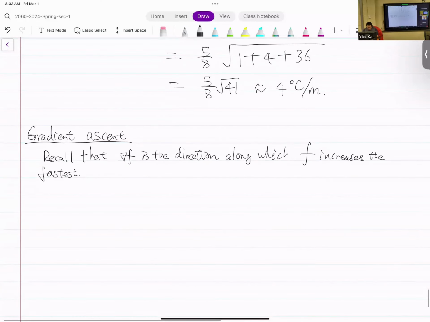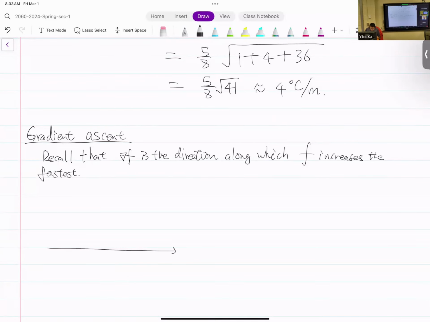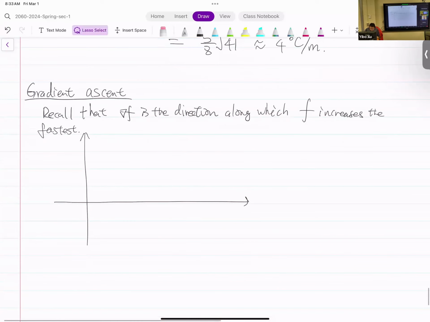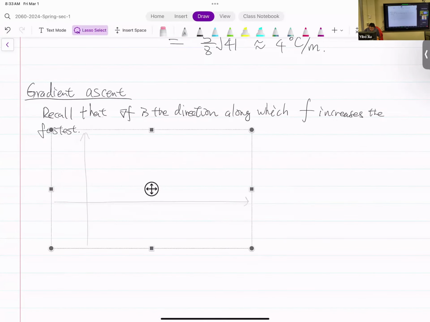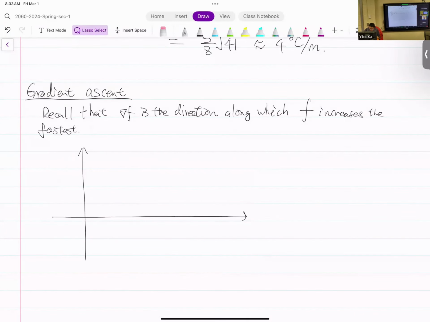So let's look at a function that has two variables, and we are looking at contour curves. And move the axis a little bit lower. So we have x, y axes, and then now let's just look at some contour curves. So basically, let's say we have the lowest level.